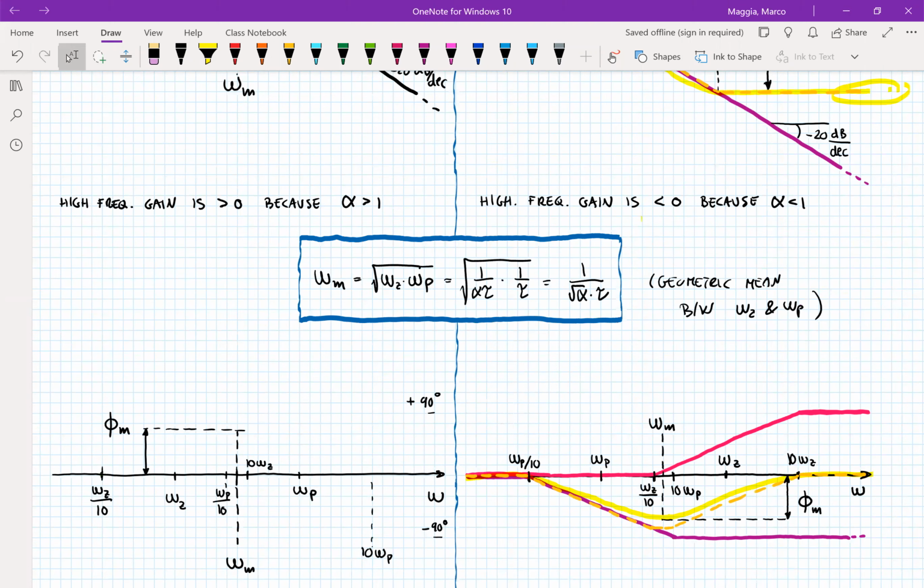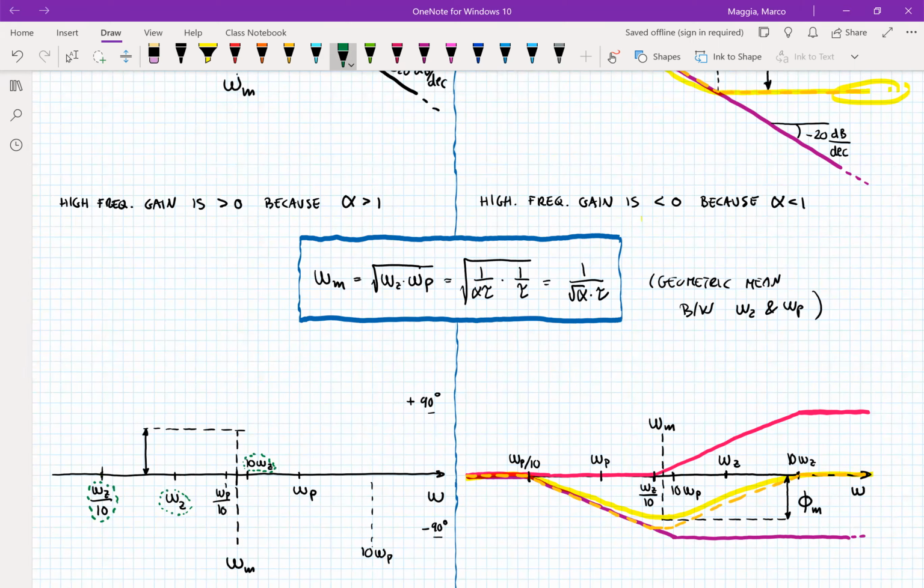So in order to do that, let's start with the phase associated with the real zero. We need to center things around the cutoff frequency associated with such real zero, which is omega z. And then we have to consider 1 decade before and 1 decade after. So omega z over 10 and omega z times 10.